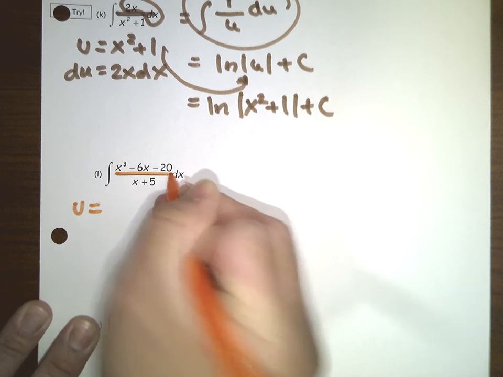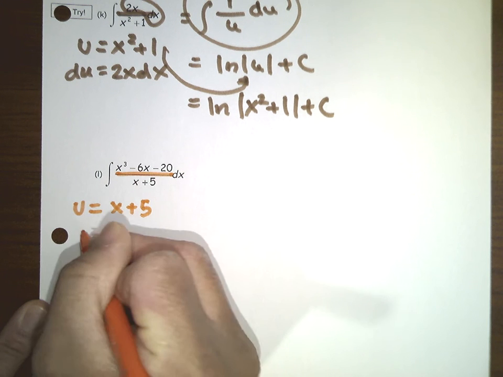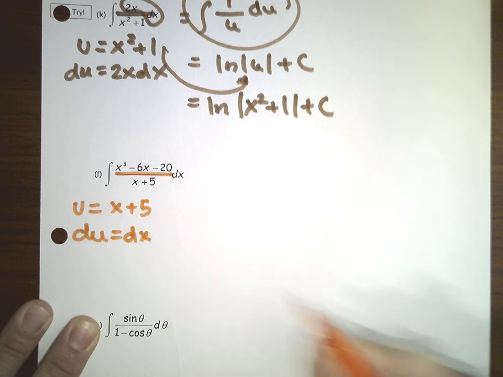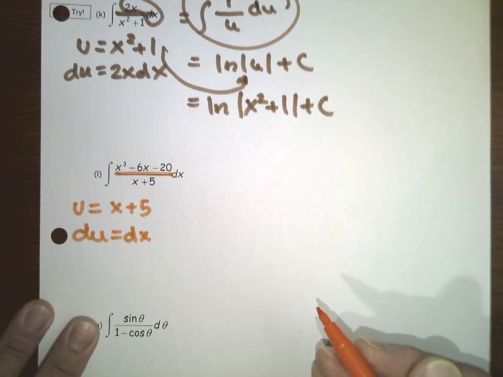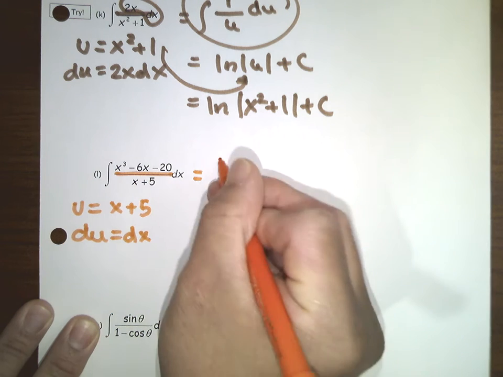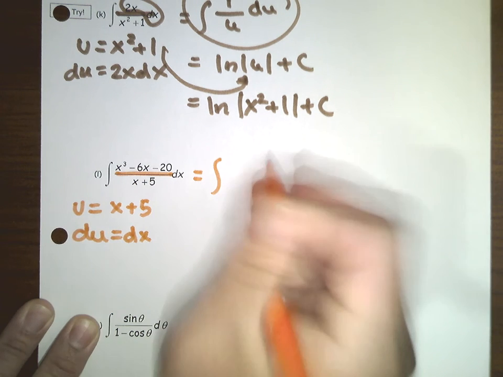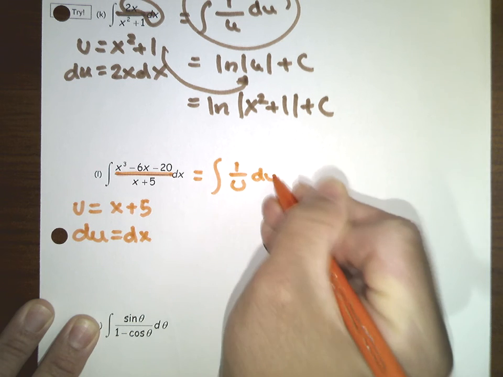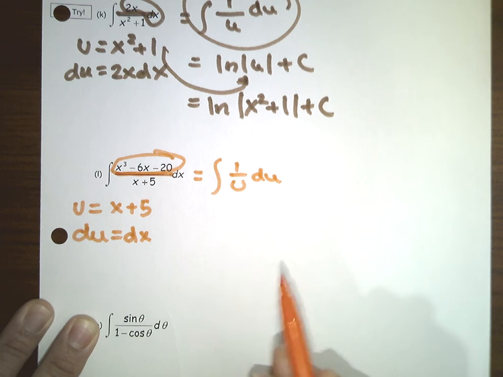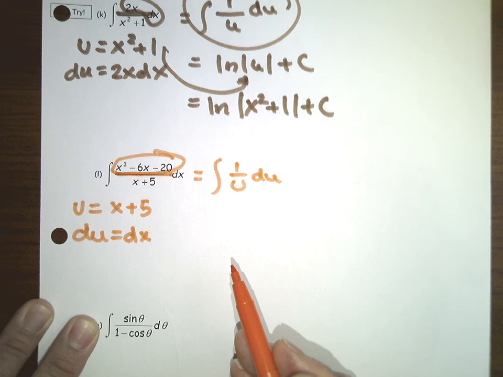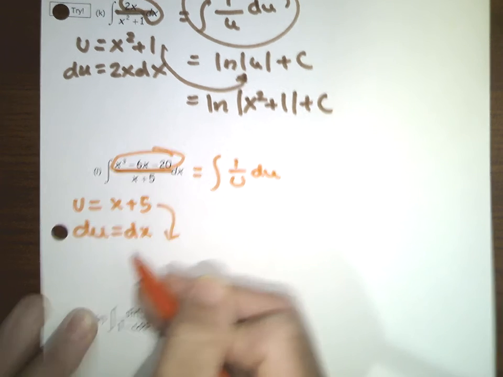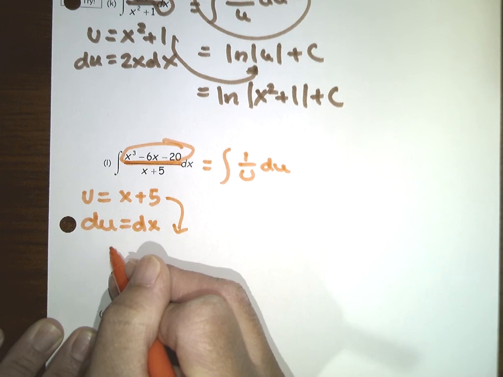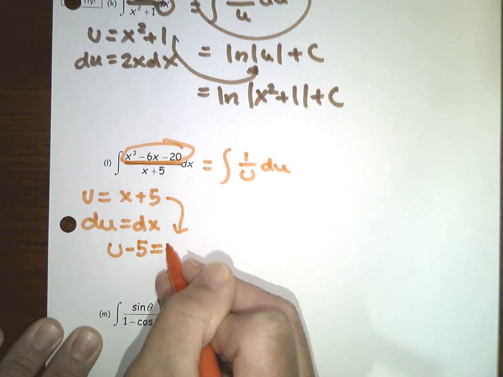If you let the denominator be x plus 5, and then du is dx, do you see that this is something where you have the 1 over u du, but then you still have all of this up here, and so you have to do this like the other problems that we had before, where u minus 5 is equal to x.